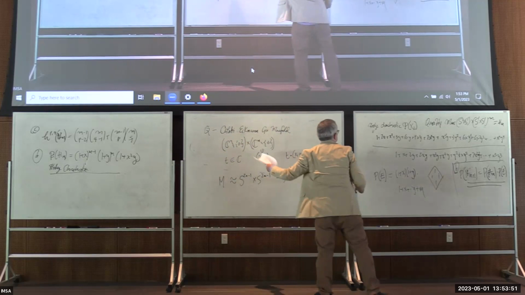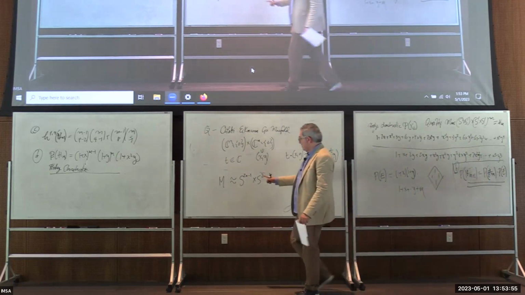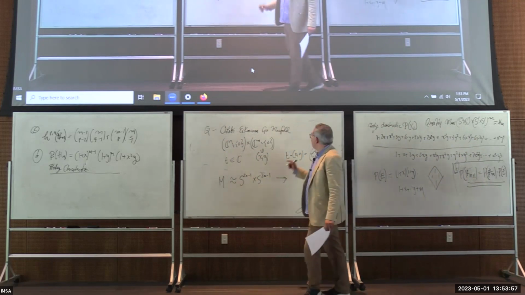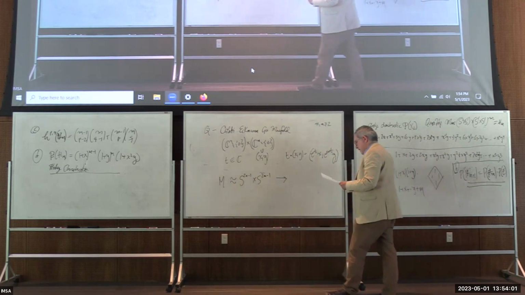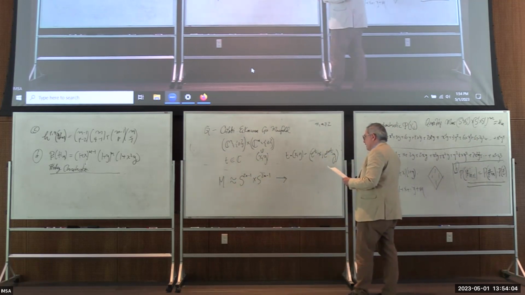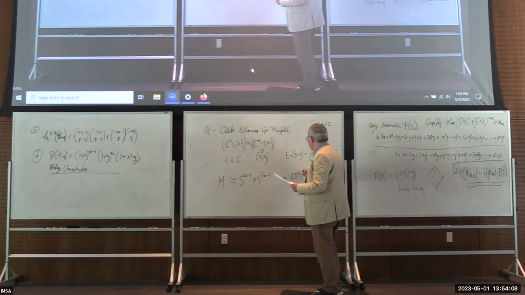If you use only one copy, then you get this S3 for n equals 2, and then you get Cp minus 1 cross Cpn minus 1.